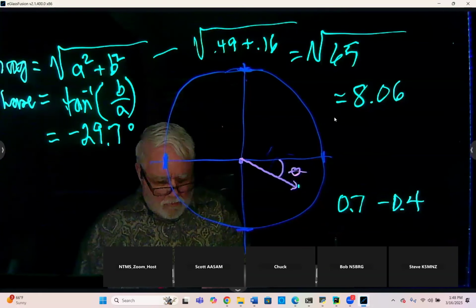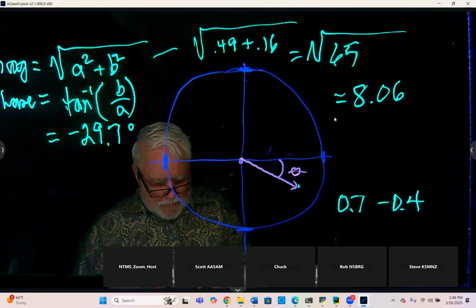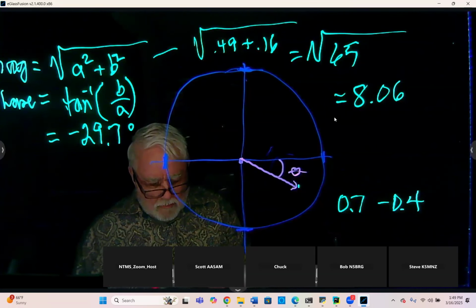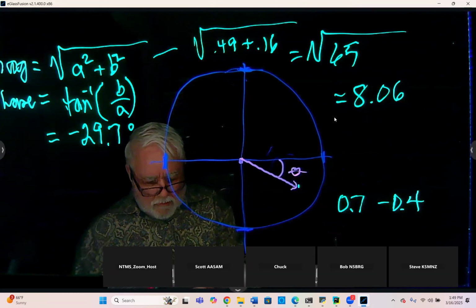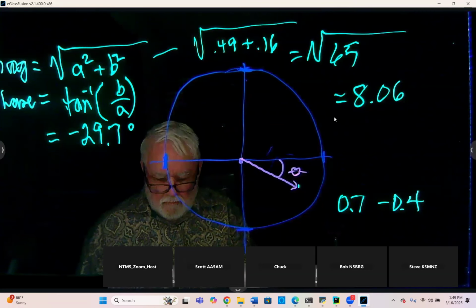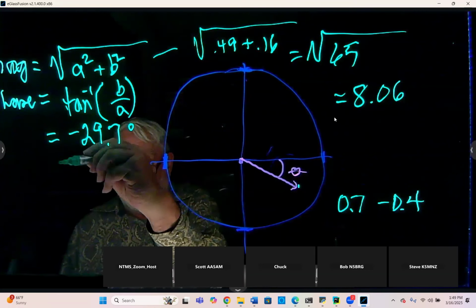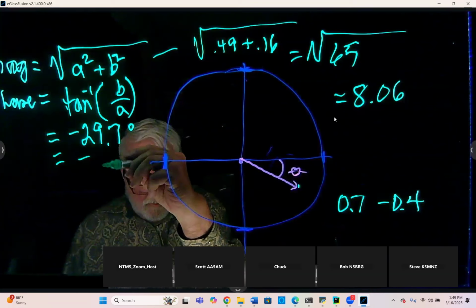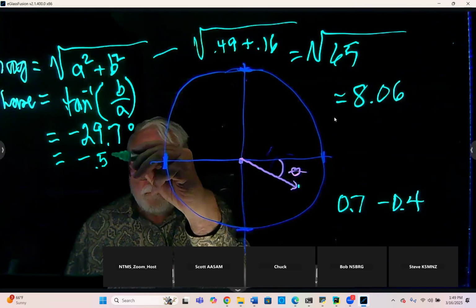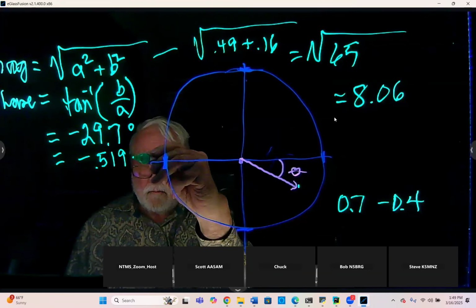That's function 4. And then just do the same math. So it was minus 0.4 divided by 0.7. And then arc. Radians.